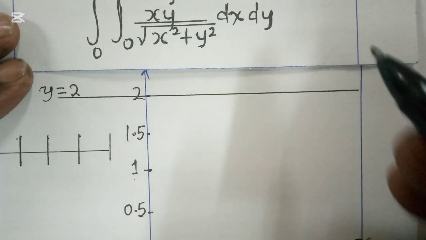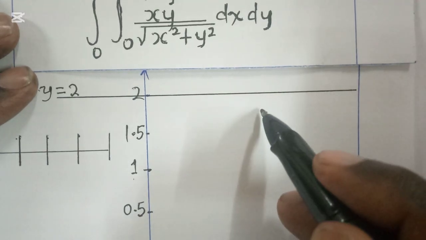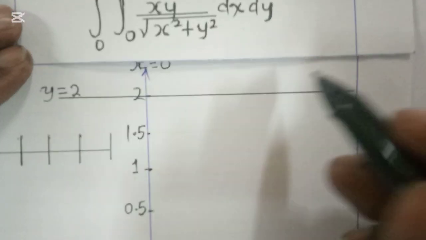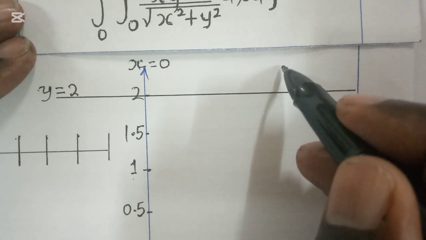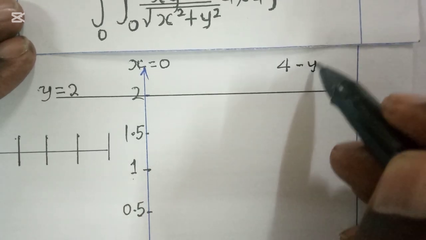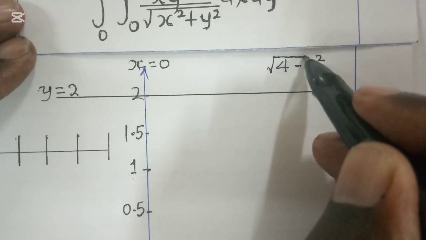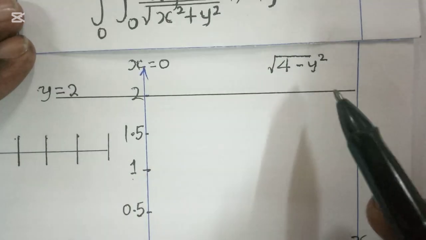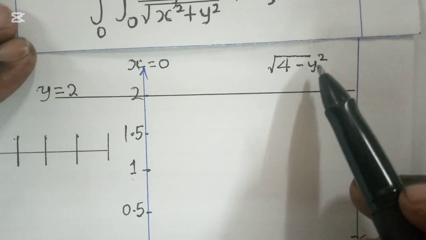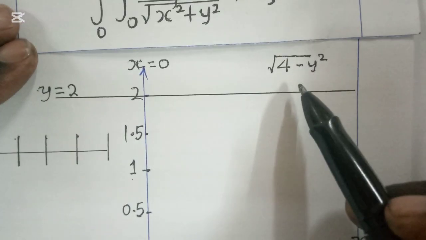So we write the square root of 4 minus y squared, and we are going to find the highest value we can get from that.